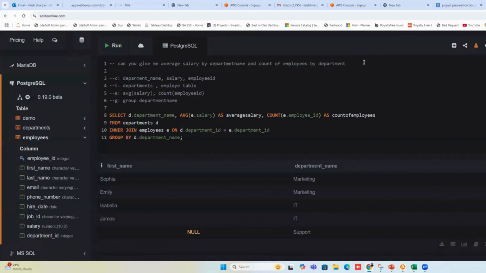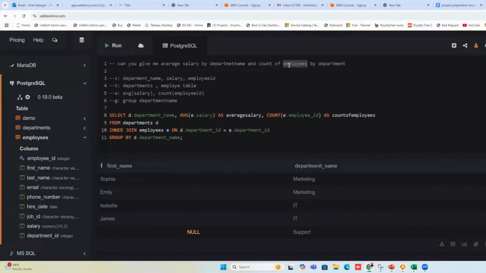So my column names, what do I need? Give me average salary by department name. So I need department name. I need salary. And I need employee ID. Why do I need employee ID? Because I'm doing a count of employees. So to do a count of employees, can I not just count the number of IDs in the employee table?